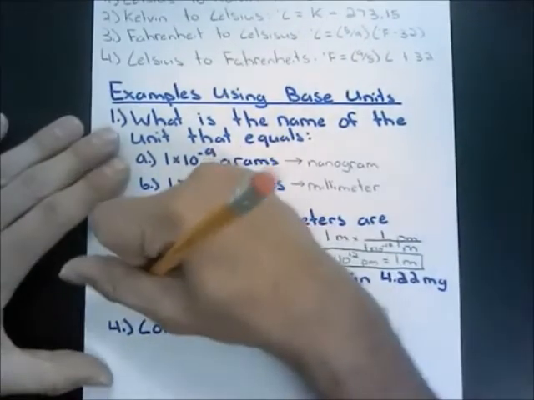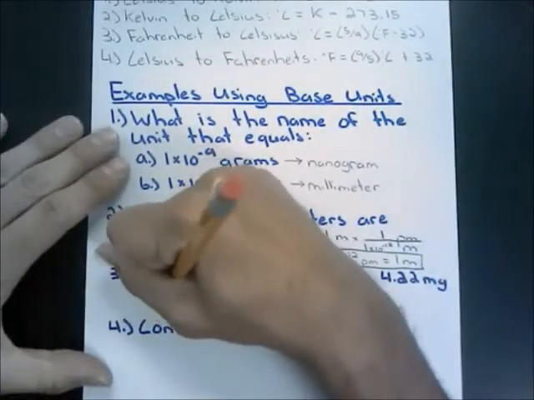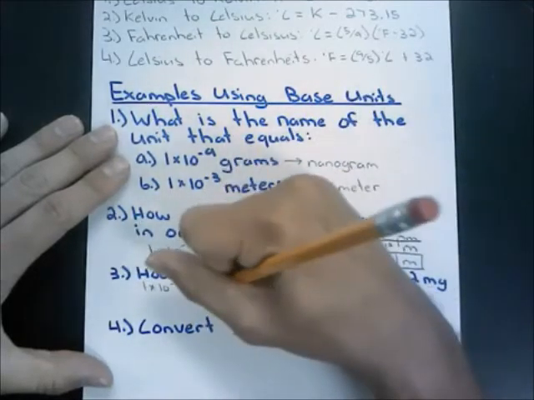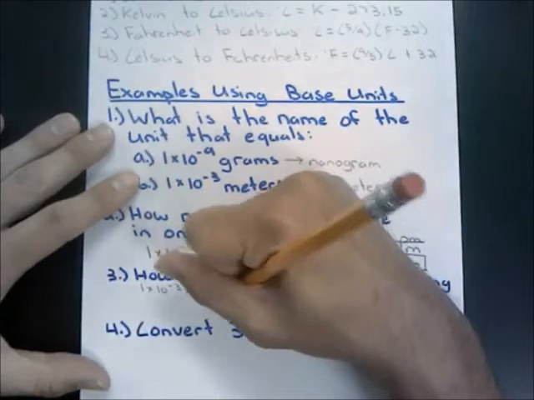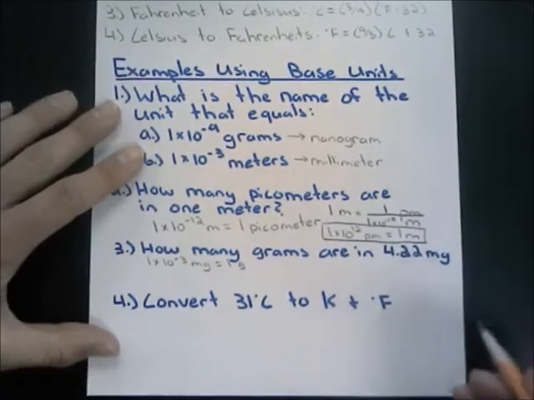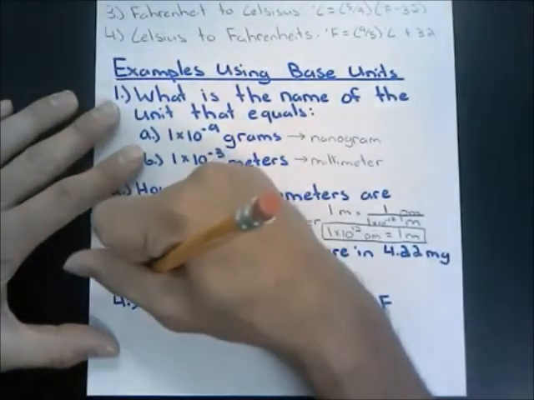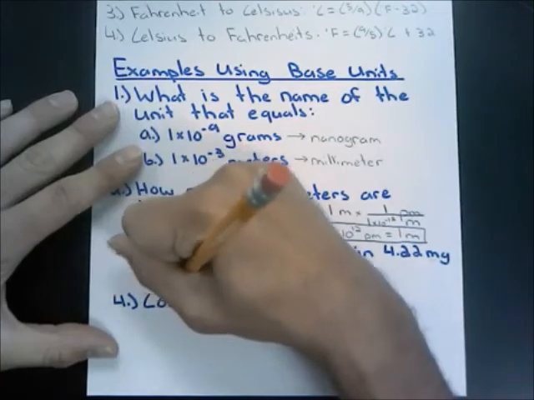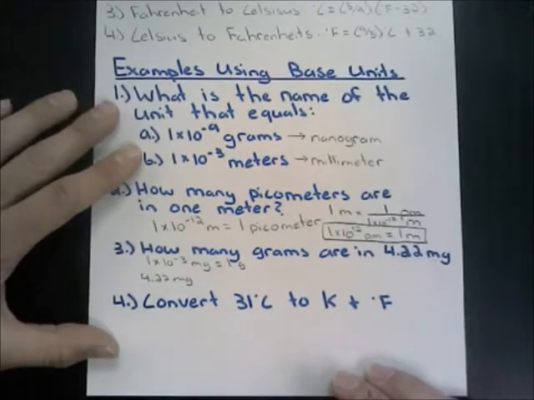So that means there is 1 times 10 to the negative third grams equal to 1 mg. We start out not with just 1, but with 4.22 mg. Always put down what you have.